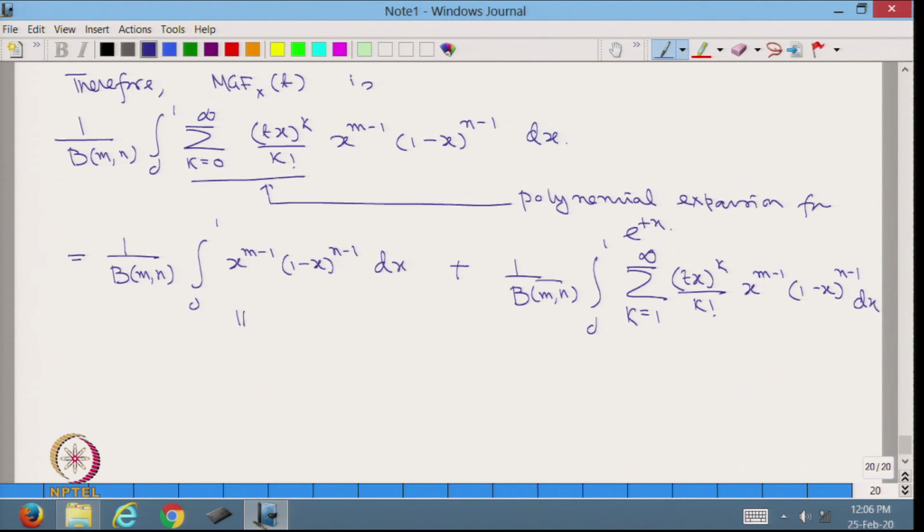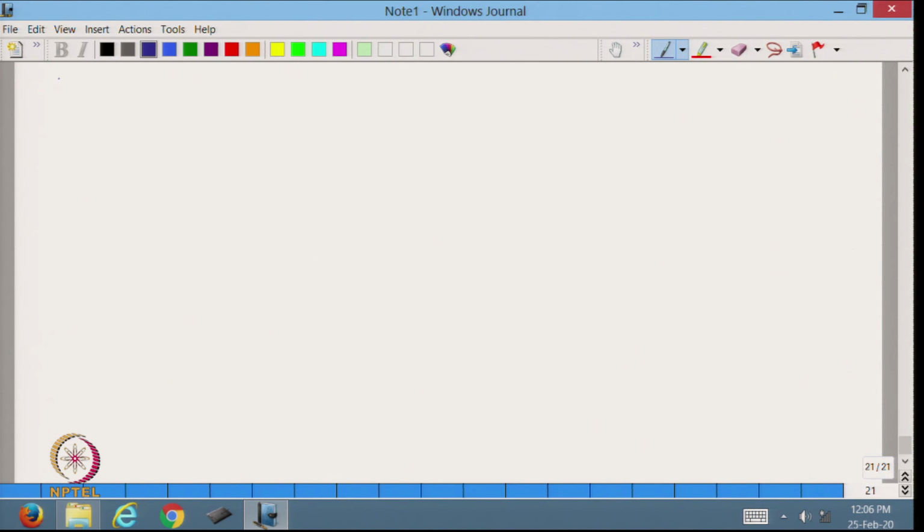This part, as you can understand, is going to be 1/β(m,n) times β(m,n), which is equal to 1. Therefore, MGF of x at t is equal to 1 plus ∫ from 0 to 1 Σ_{k=1}^{∞} t^k x^k/k! x^(m-1) (1-x)^(n-1) dx.